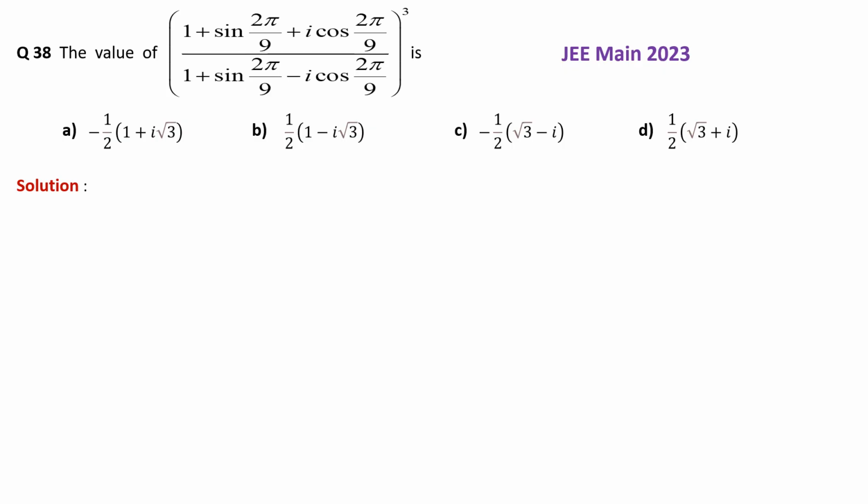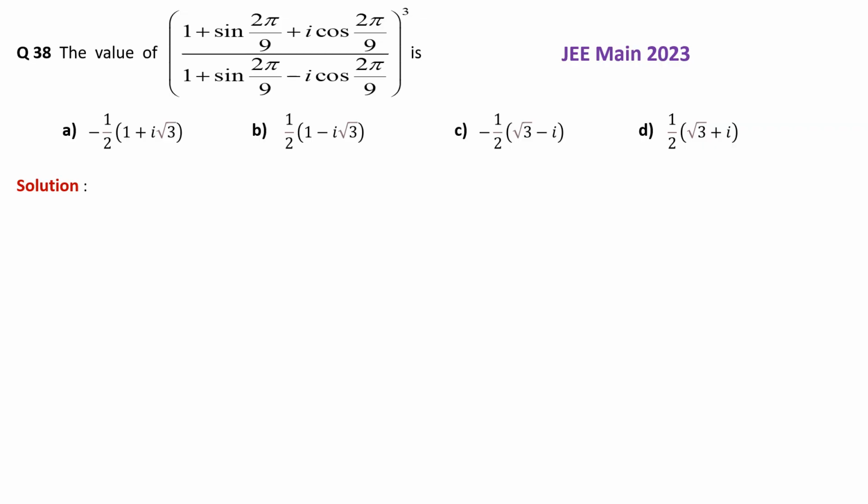Now students, if you look at the term inside the bracket carefully, then you can notice that sin 2π/9 + i cos 2π/9 and sin 2π/9 − i cos 2π/9 are conjugates of each other.